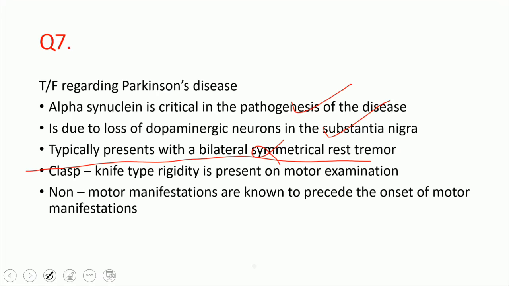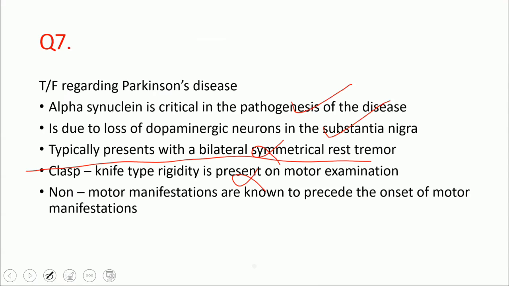And rigidity, we usually describe this as a lead pipe rigidity, where the rigidity is present throughout the range of motion, throughout the range of movement. Clasp-knife rigidity is more of an upper motor neuron sign, a spasticity. So in Parkinson's, this is lead pipe rigidity.